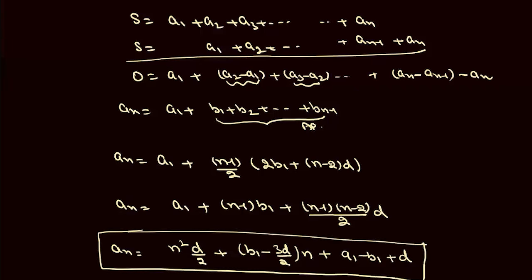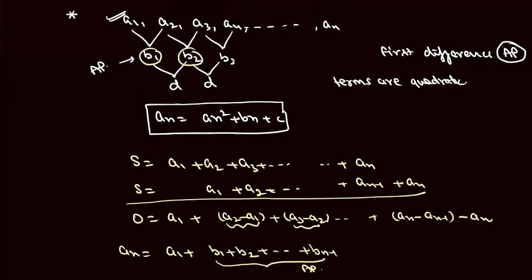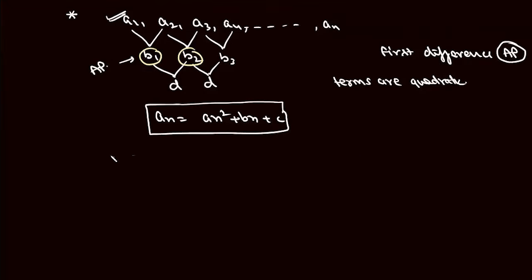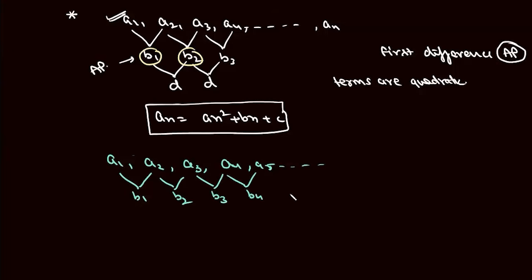And we have already seen how to solve this. So this is why the terms of the sequence where the first differences are in AP are going to be quadratic. Now we can extend this also. So if we have this sequence a1, a2, a3, a4, a5, and we have their differences b1, b2, b3, b4. Now these differences are not constant, but they form an AP.